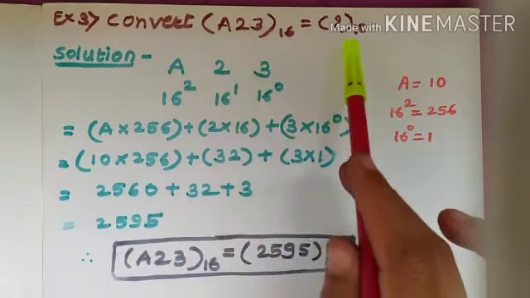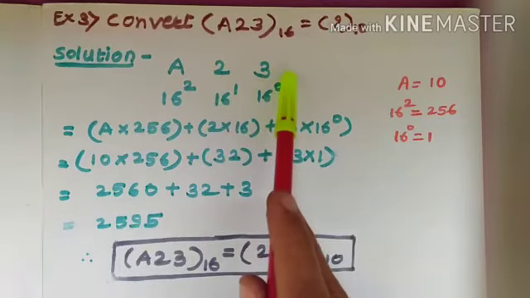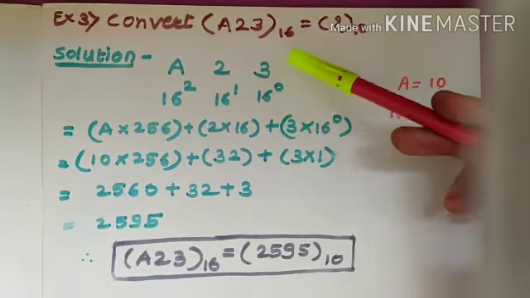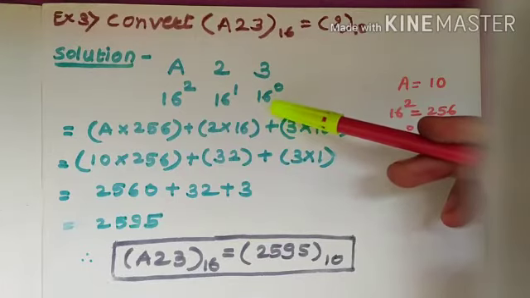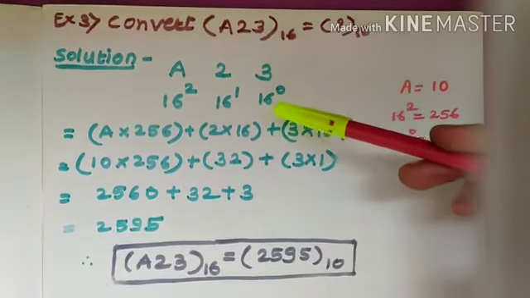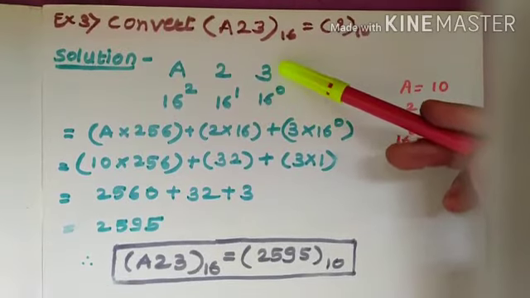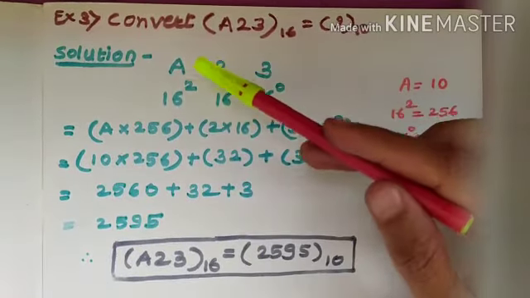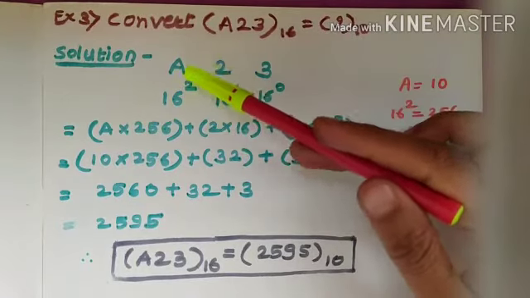Then by writing each digit separately, write the hexadecimal weightage below each digit, starting from 16 raised to 0 from the right, then proceeding to the left. 16 raised to 0 for the LSB, 16 raised to 1 for the second digit, 16 raised to 2 for the MSB.